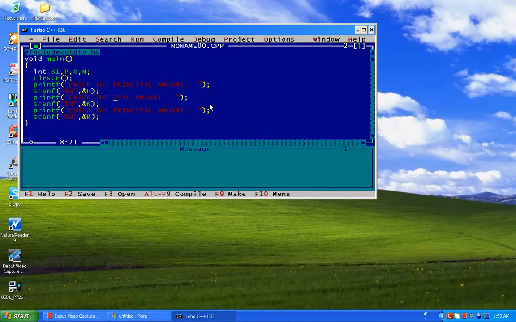Now we should know what is to be printed. So we print the line by using the printf function.